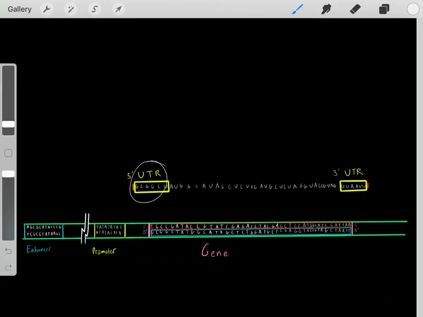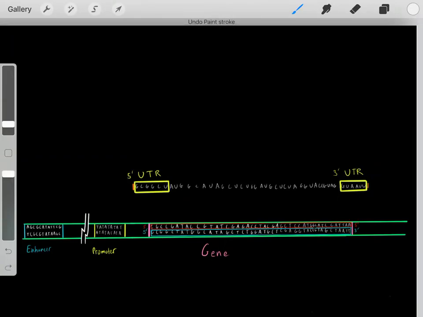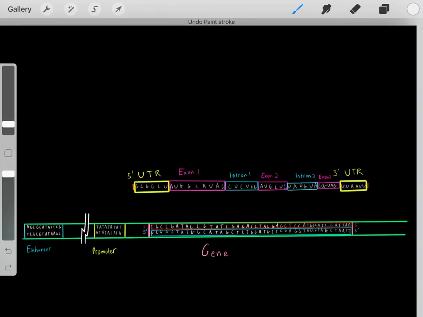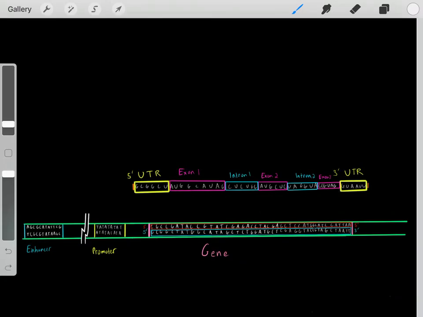And on both ends we have these untranslated regions, and they're called this because these regions do not get translated. These codons don't get translated to make amino acids and proteins. So that's why they're called untranslated regions. Internal of that, we also have these exons and introns. And later on, I'll explain what these exons and introns are important for. So we make our transcript with these different regions.